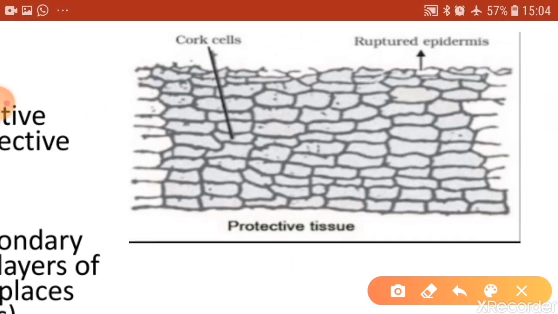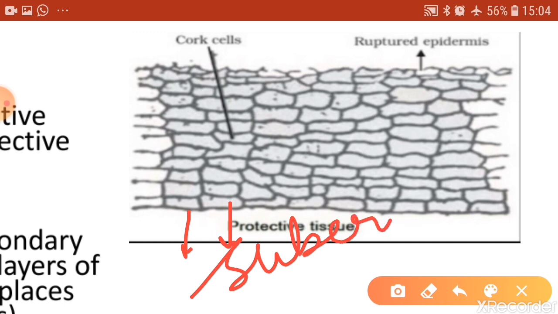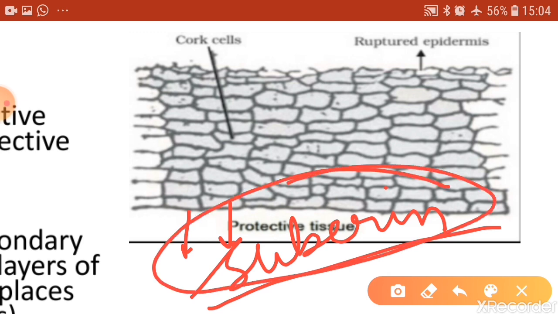The cell wall of the cork is very thick, with a deposition of suberin, a waxy substance. And this presence of suberin in the cell wall makes the cork cells impermeable to gases and water.